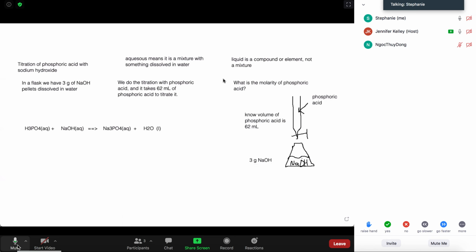Okay. Yeah, it's kind of making sense a little bit because I was confused. Imagine if you took salt from your salt shaker and you put it in some water, you shook it in the water, and you stirred it up. That would be an aqueous solution. And you can tell it's a mixture because if you evaporate off all the water, your salt will be left behind.